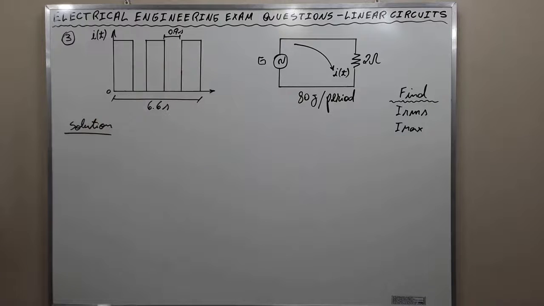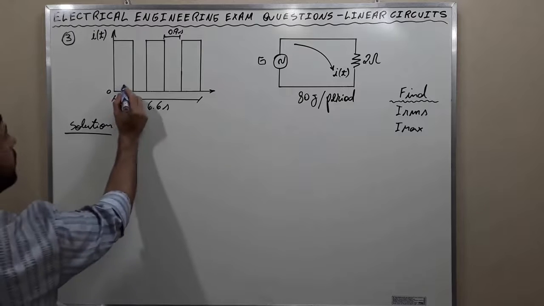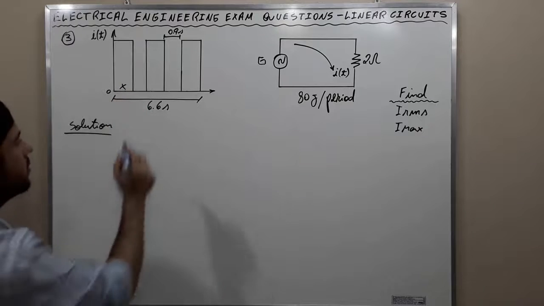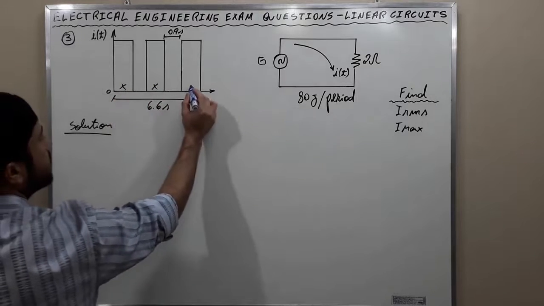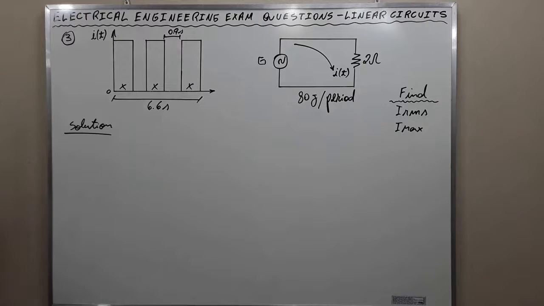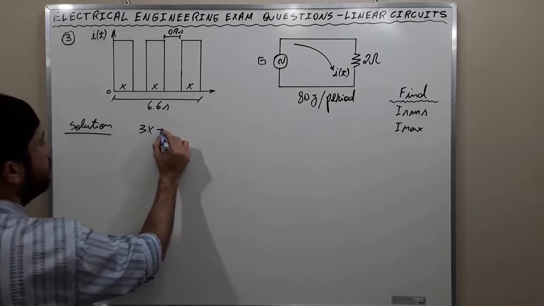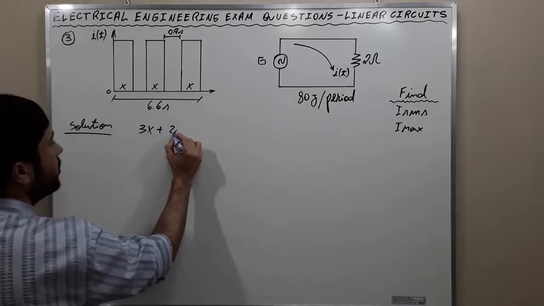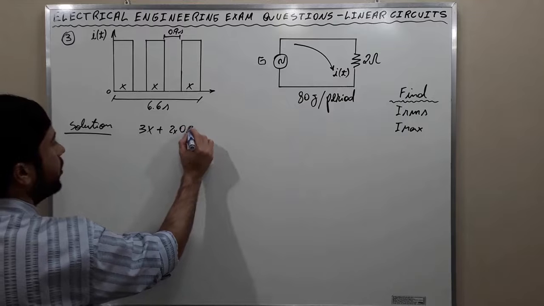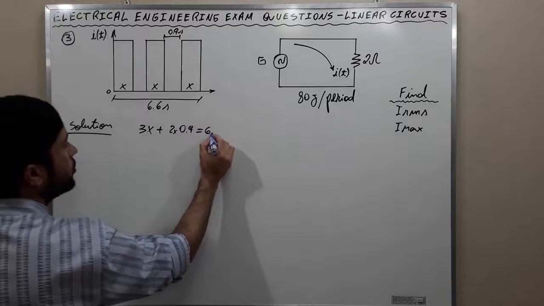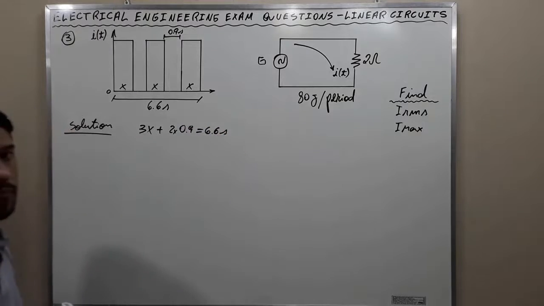We are going to call these X, X, and X. Then 3 times X plus 2 times 0.9 is equal to 6.6 seconds.